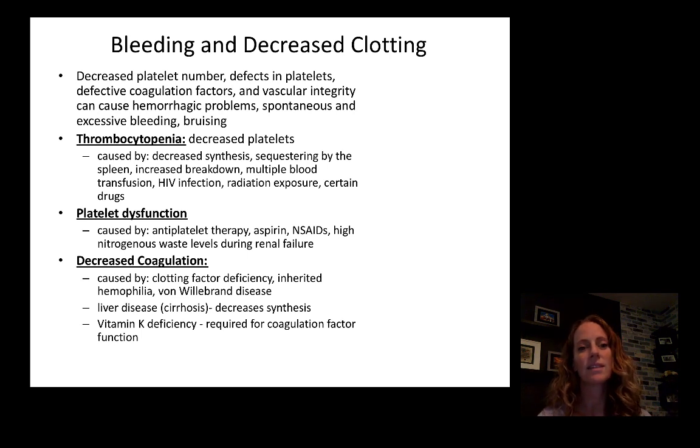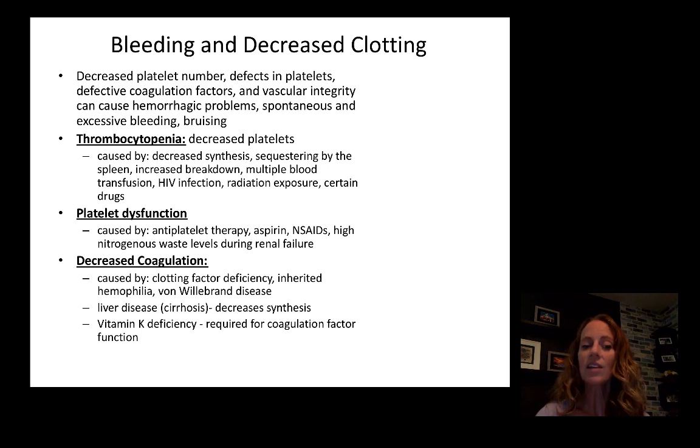Thrombocytopenias or defects in platelet number ultimately can cause hemorrhagic problems, excessive bleeding, and bruising. This can also happen because of platelet dysfunction. So platelet dysfunction can be caused by antiplatelet therapies, aspirin, NSAIDs, or high nitrogenous waste levels, for example, during renal failure.